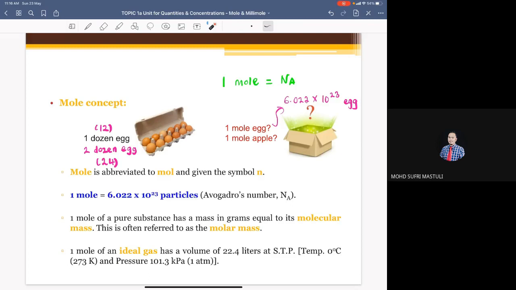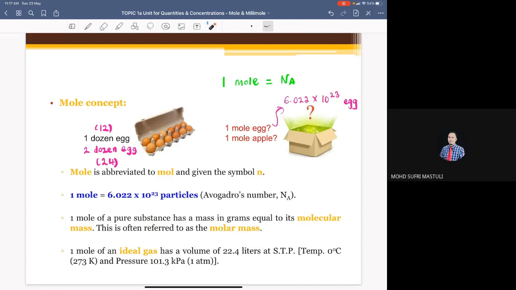All right. This sentence is about molar mass. The molar mass, sometimes called molecular mass, means that 1 mole of any pure substance has a mass in grams equivalent to the molar mass.